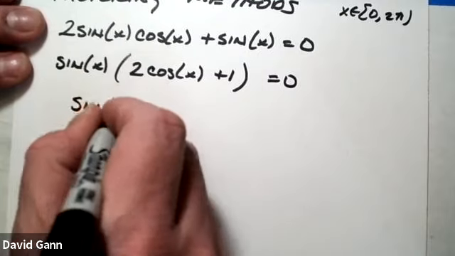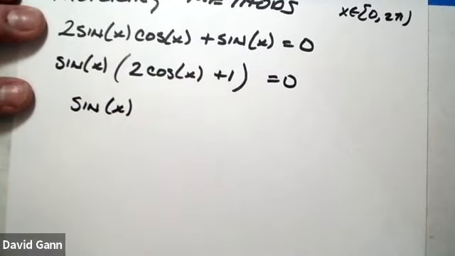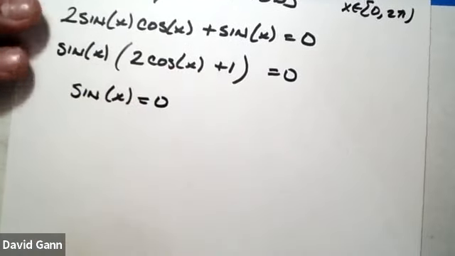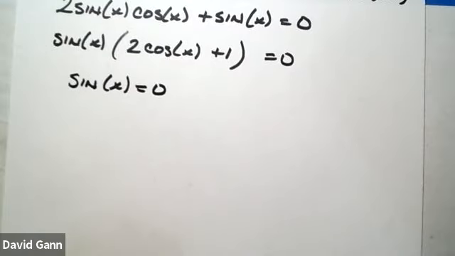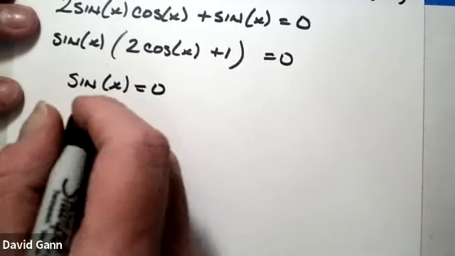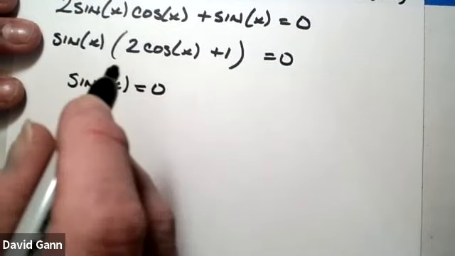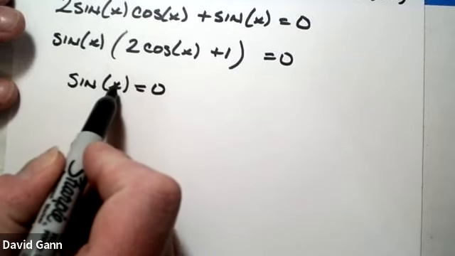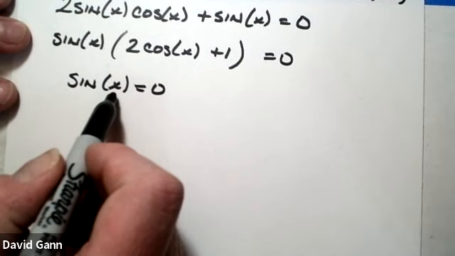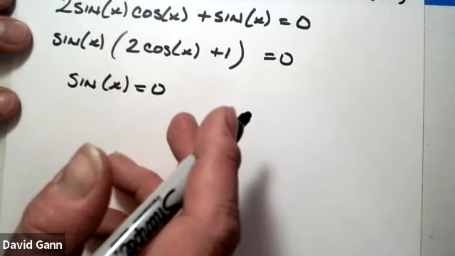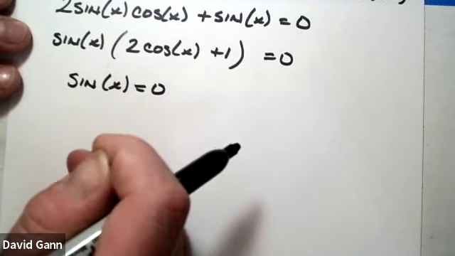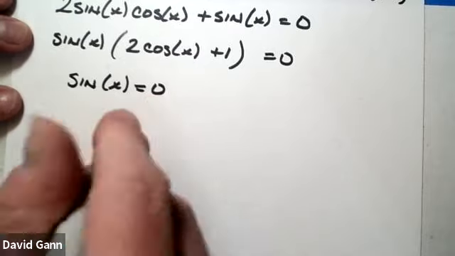Sine of x equal to 0. Now, we know that solution. Well, 0 is one of them, but also the supplement of 0, which happens to be pi, and all coterminal angles, which turns out to be every multiple of pi. Let me show you how that works.